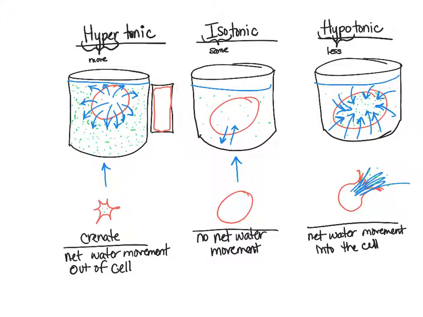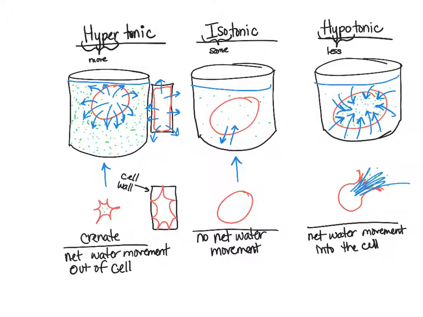So if we're pretending that this is a plant cell, our very quick drawing of that in a hypertonic solution, we're still going to see the net water movement out, just like we saw in the animal cell, the blood cell. But instead, what we're going to see is the plasma membrane is going to get kind of spiky, like we saw with the red blood cell, but we still maintain the cell wall out here.